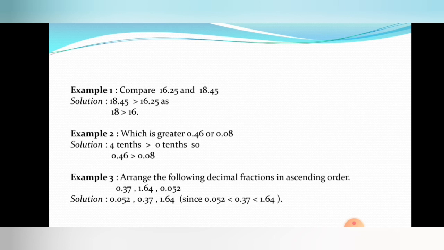So 0.052 first, and 0.37, and 1.64. Here we wrote it like this because 0.052 is less than 0.37 and 1.64.